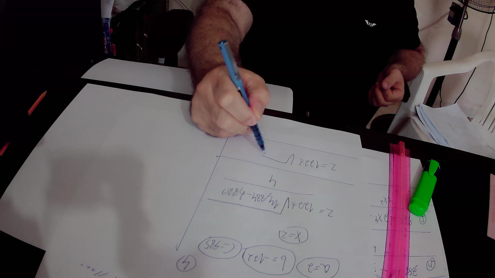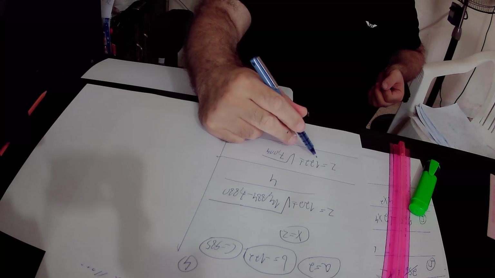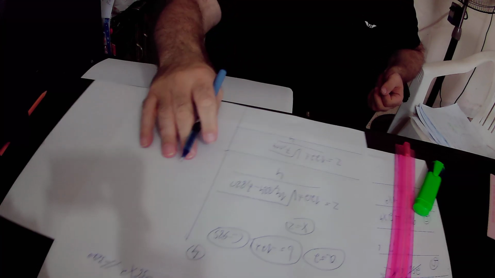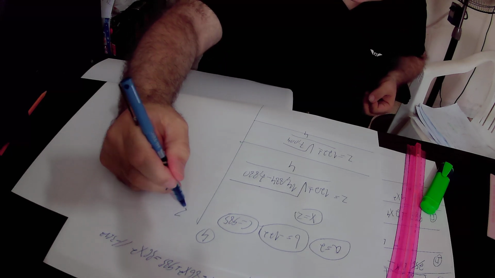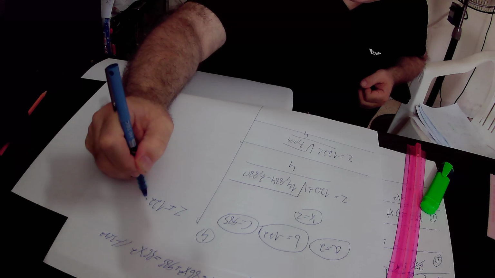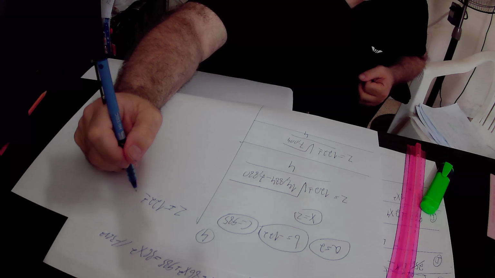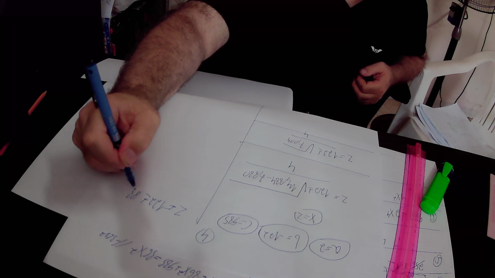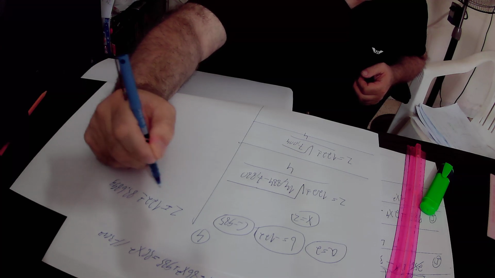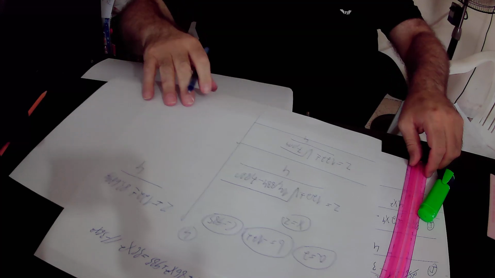So inside the root we are left only with 7,004, over 4. So here we get that z equals 122 plus minus the square root of 7,004, which is 83.6899, over 4. So here we have two solutions that are possible for z.